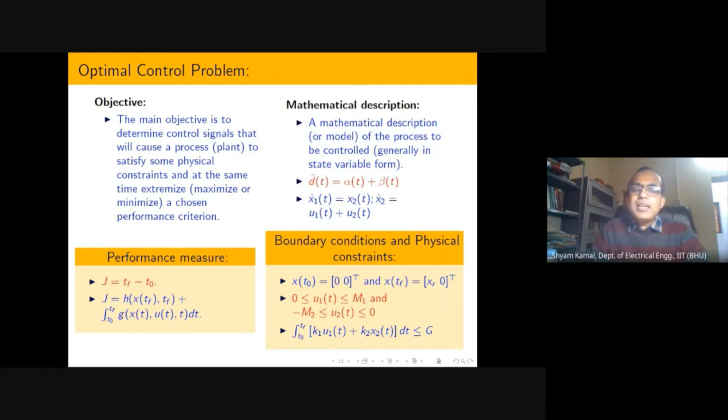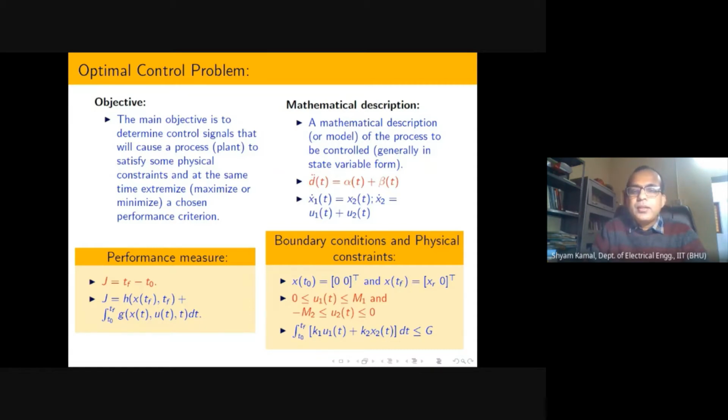In the previous class I already told you that the performance measure is always a scalar, because I can only compare scalar quantities. So whenever we define a performance measure, I have to make sure that the quantity finally comes to a scalar.